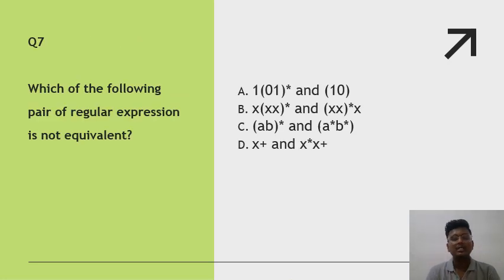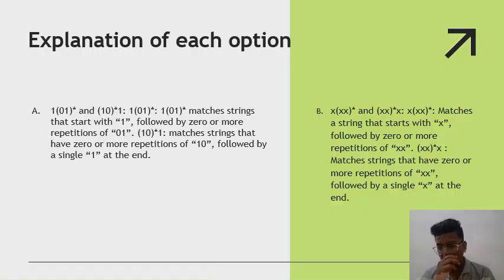Hello, this is question 7 of the multiple choice questions. The question says: which of the following pairs of regular expressions is not equivalent? So we need to find the regular expressions which are not equivalent from the following options. Let's see the options.